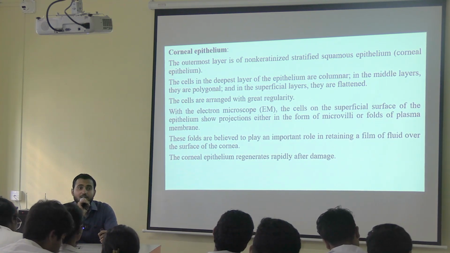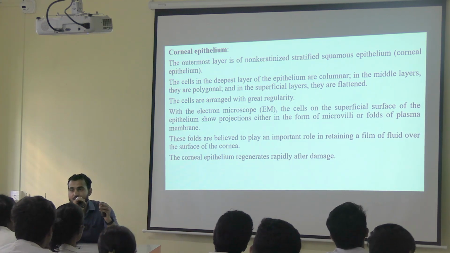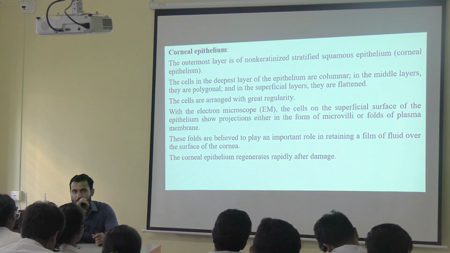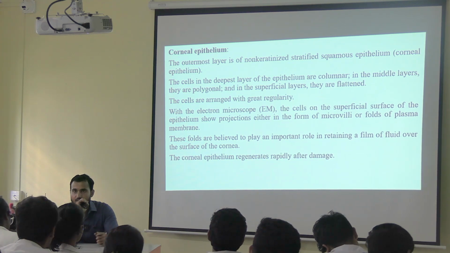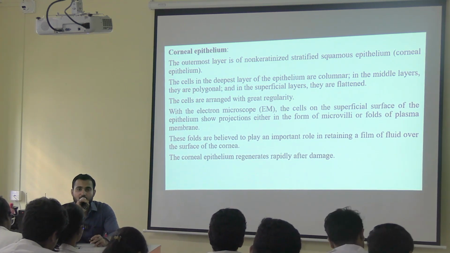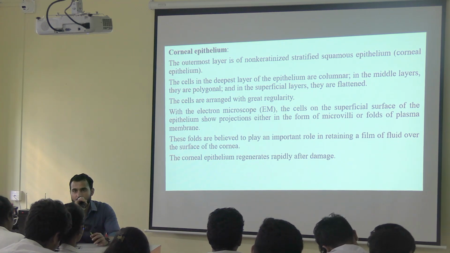Next, in the EM structure of those cells, the superficial cells have microvilli, also called folds of the plasma membrane. Why is it present? Because it prevents drying of the cornea.